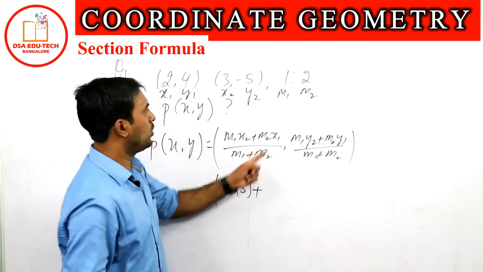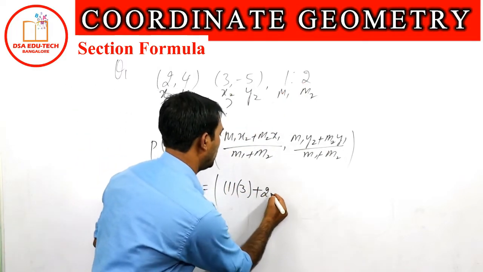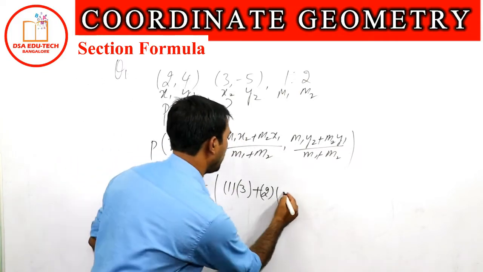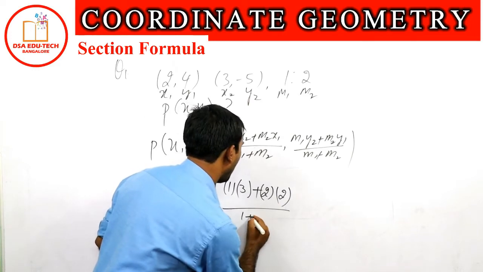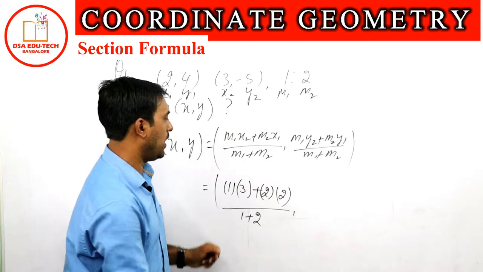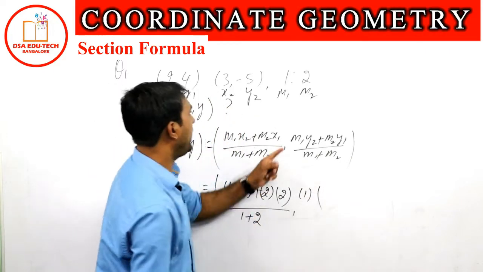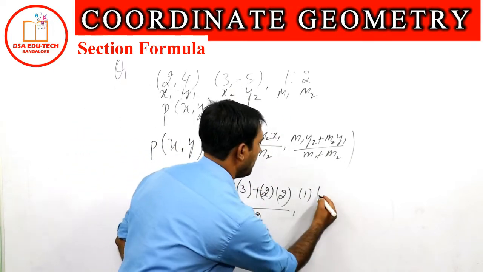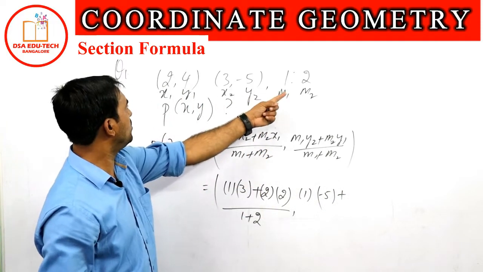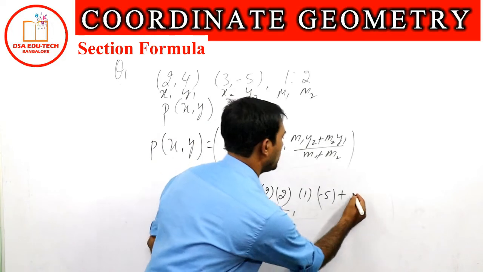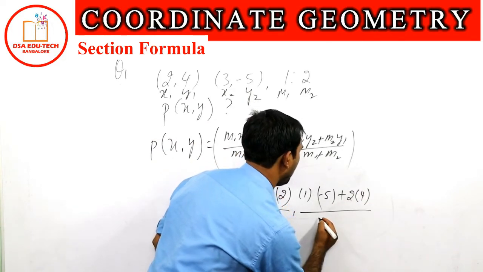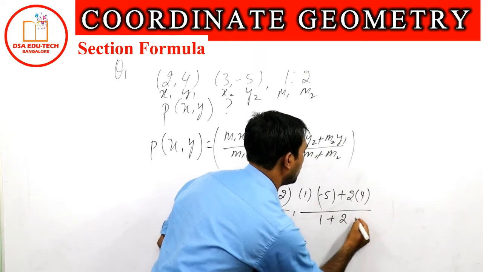Plus m2 is 2, and x1 is 2, divided by 1 plus 2, comma. m1 is 1, y2 is minus 5, plus m2 is 2 and y1 is 4, so 2 into 4, divided by m1 1 plus 2.